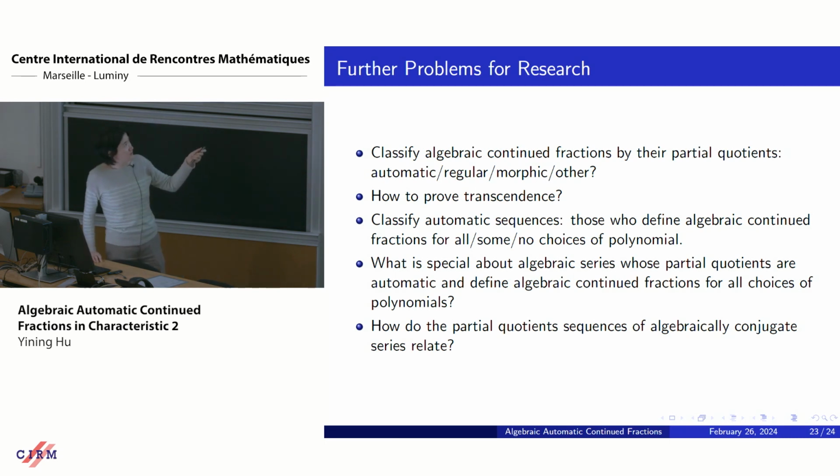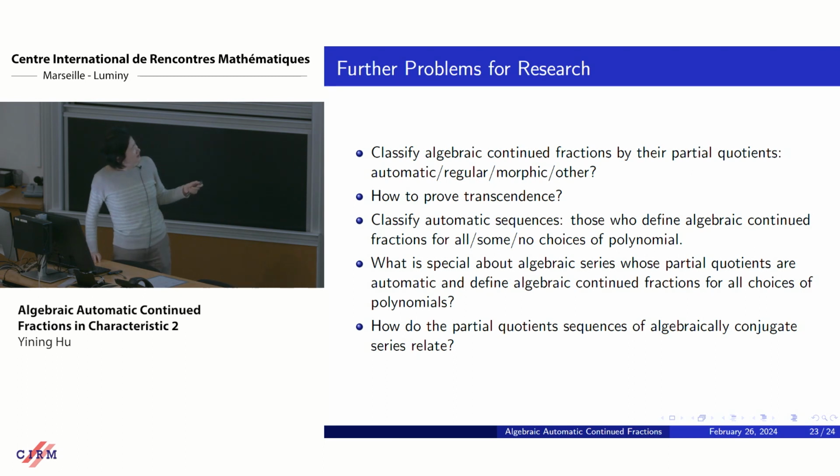So how to prove transcendence? And also I would be interested in classifying automatic sequences. There are those that we find that define algebraic continued fractions for all choices of polynomials, there are ones that define algebraic continued fractions for some choice of polynomials, and maybe there are ones that never define algebraic continued fractions.